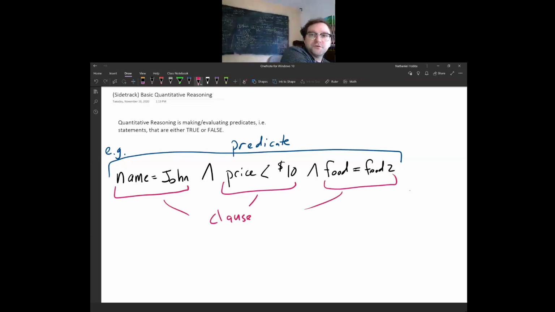Okay, so a predicate is a statement, and these are called clauses. Kind of like how in English, in between a word and a sentence is a clause.